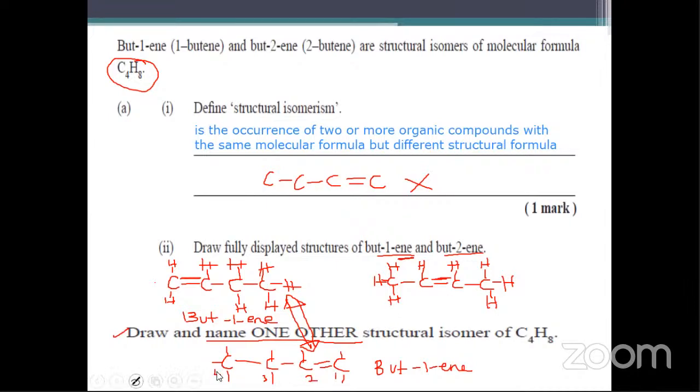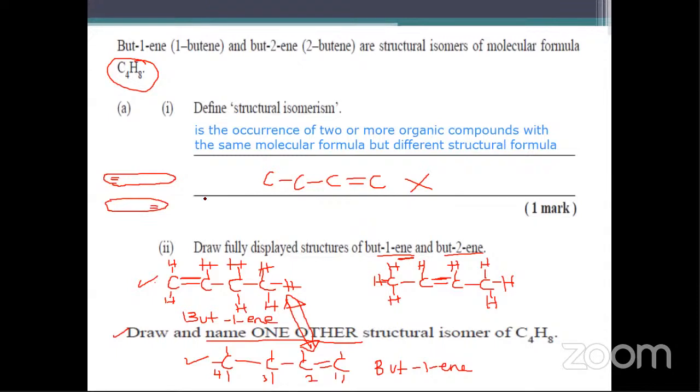So really, this molecule down here and this molecule here is just flipped. It's like if you have it looking like this and the double bond is right here, all we did down here is put the double bond on the other end. That's the exact same molecule.